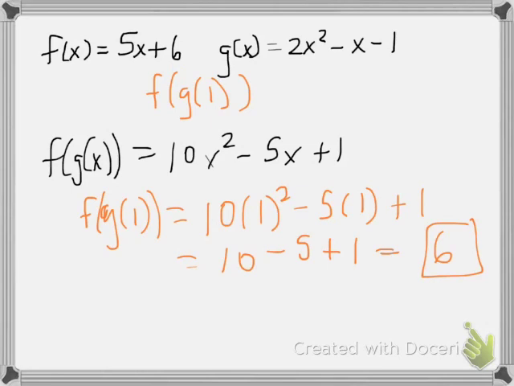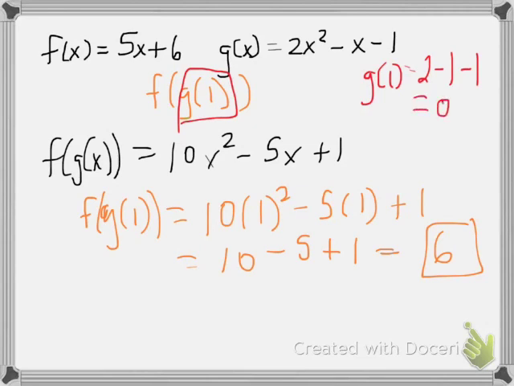Is there another way to do this? Sure there is. It's math. There's always multiple ways. All right, what if I just were to plug 1 into g? Isn't that what this says right here? Sure. So I plug 1 into g and I get 2 minus 1 minus 1, which equals 0.